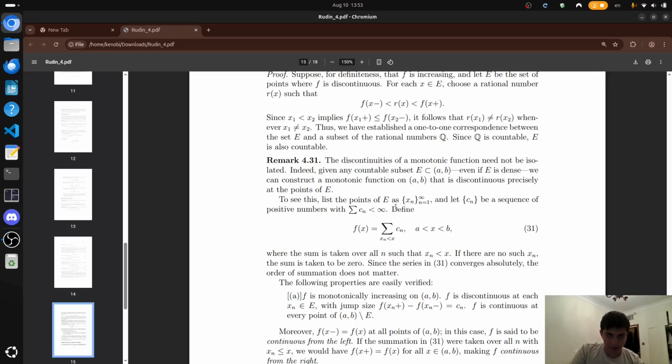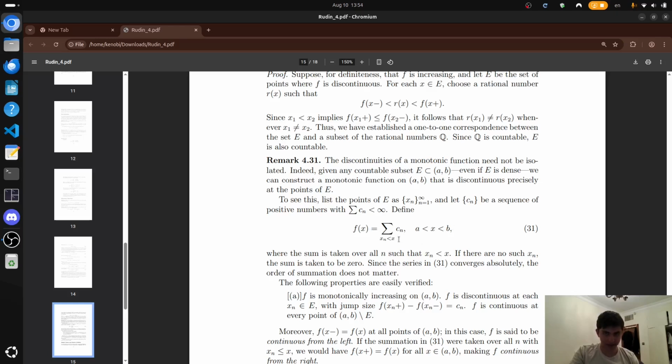So what we're doing here, we're taking the set of points that are a subset of (a, b), and we're taking them to be a sequence, and we're taking another sequence c_n, and we define f(x) equals the sum of c_n over x_n less than x, for a less than x less than b.